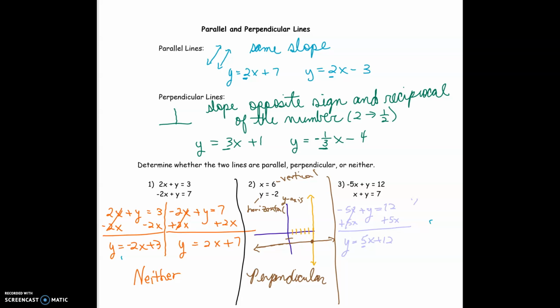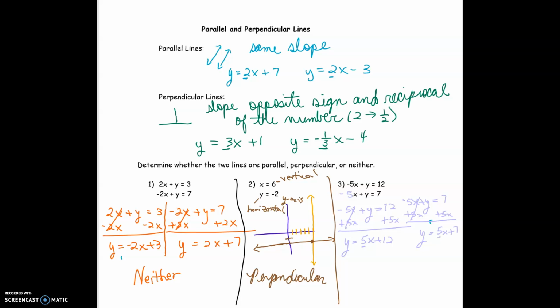So I have x plus y equals 7. All right, well, let's just change this so that it actually works. Let's make this a negative 5x. Now, when I actually add that 5x to both sides, I get y equals 5x plus 7.